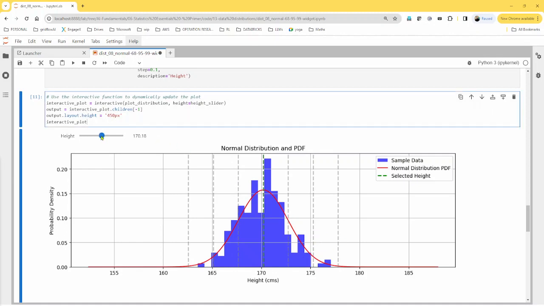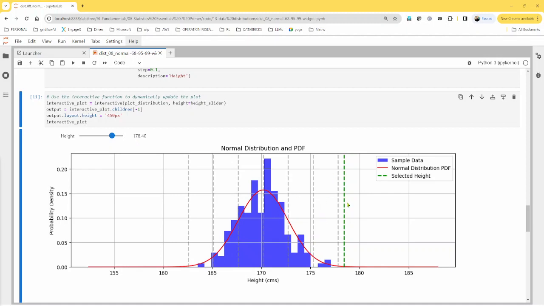So now if I change the height to, let's say, 171, you see the PDF is now shifting. Basically it's about the height of adults in a particular city, and the average was 170 point something, and then I chose to make the height 178.